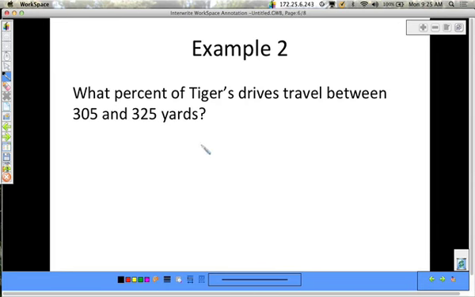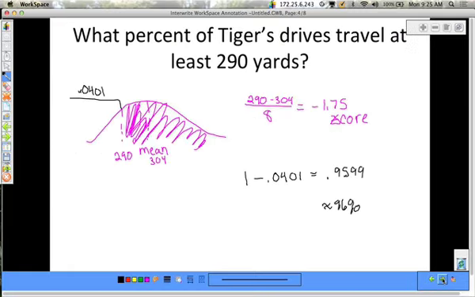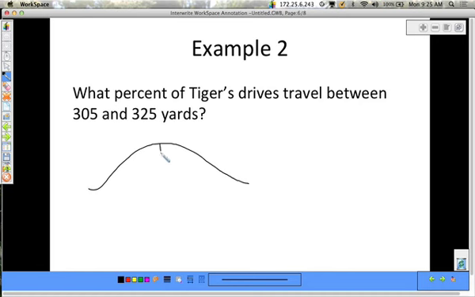So the next one we're going to look at is what percent of the drives travel between here. So here's our question. Let's draw that normal again with the mean of 304. But we want the area between 305 and 325.